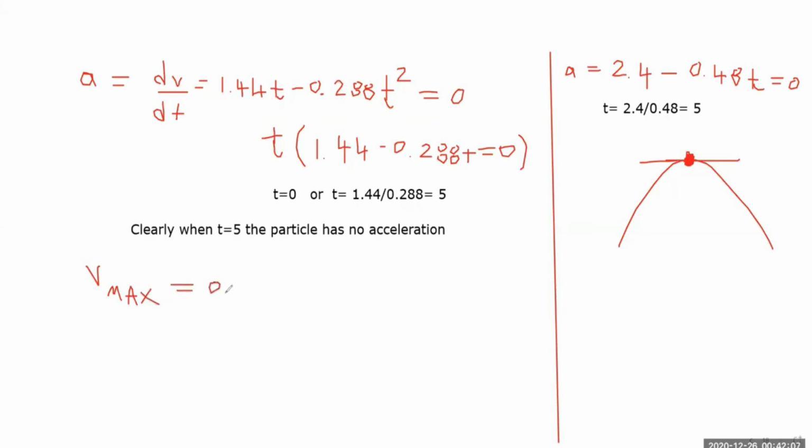0.72 times 5 squared minus 0.096 times 5 cubed.